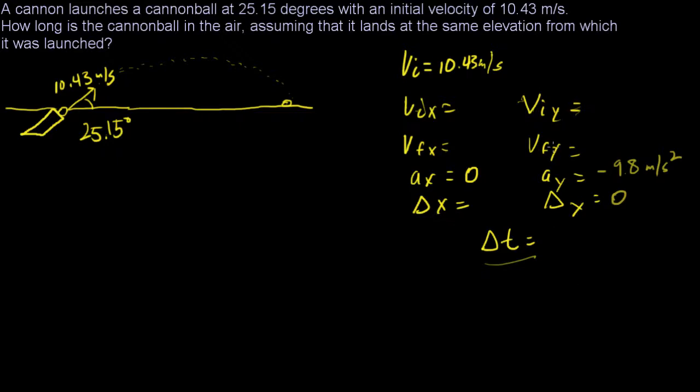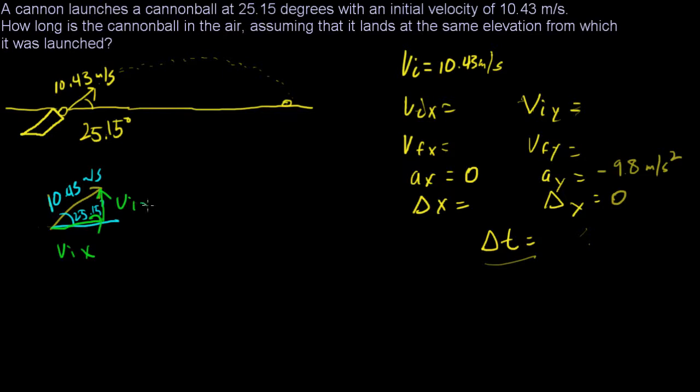So we need to figure out either VI or VF, or possibly both. So what do we have here? We've got 10.43 meters per second at 25.15 degrees. So what we can do is we can find the x and the y component of this. So there's the x component, there's the y component. This would be VIX.